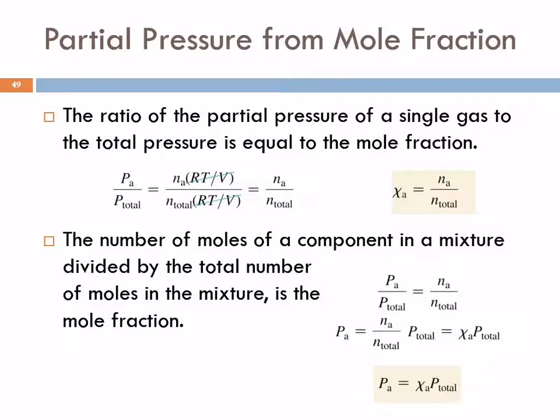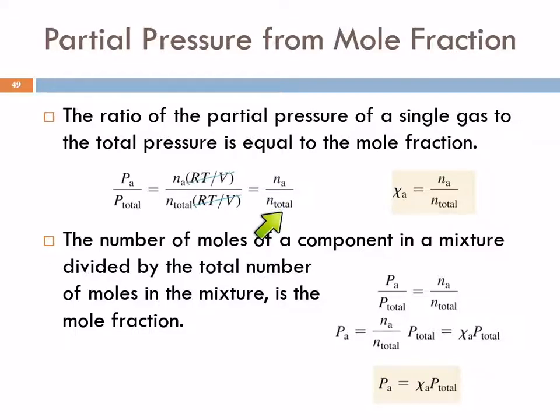We can figure out partial pressures of gases from mole fractions, or vice versa. If we know the mole fraction, we can find the partial pressure of a single gas. If we take the ratio of the partial pressure of one of the gases to the total pressure of the entire mixture, the pressure of a single gas is equal to the moles of that gas times RT over V, and the total pressure is the total number of moles times RT over V. These factors cancel out, and we're left with moles of A over total number of moles.